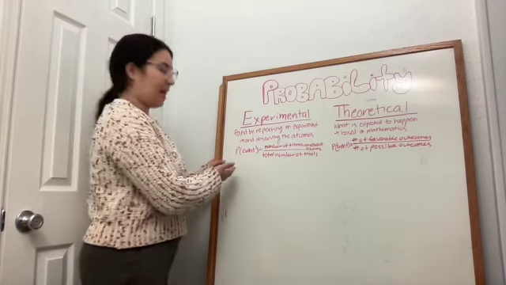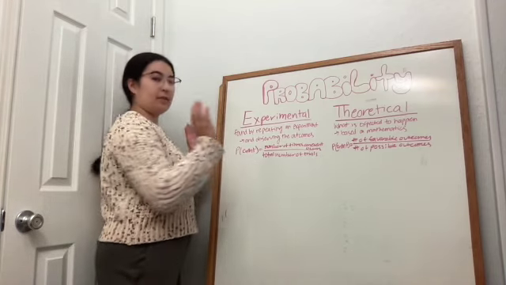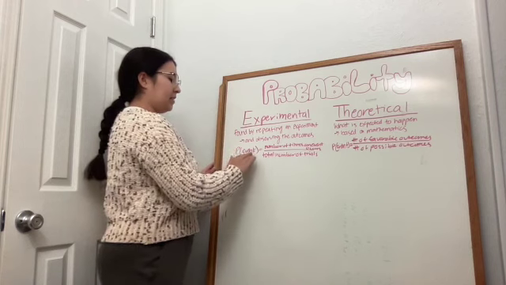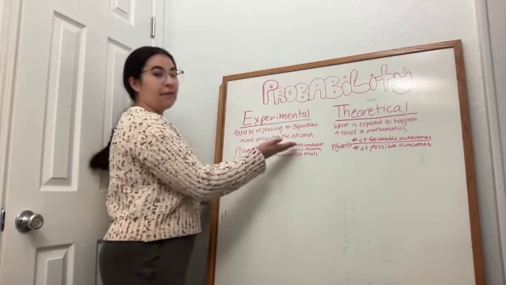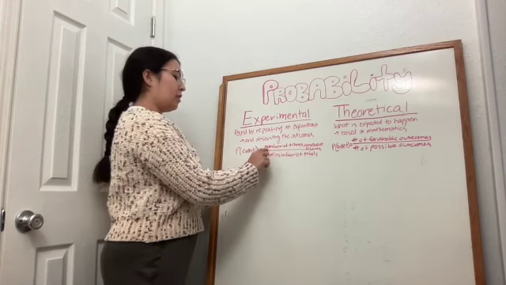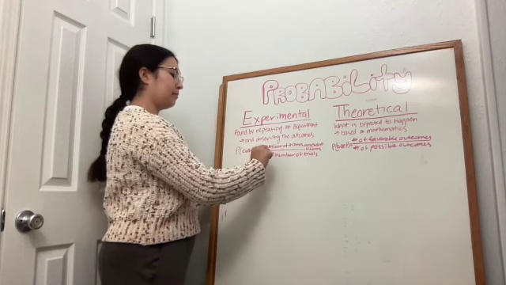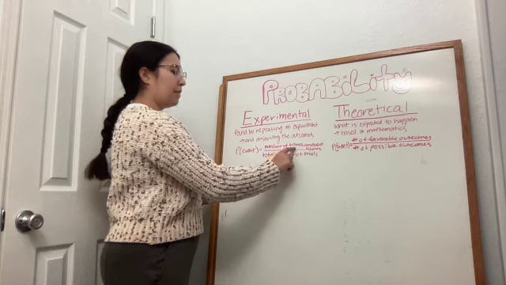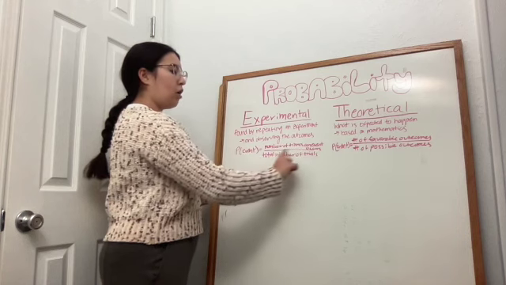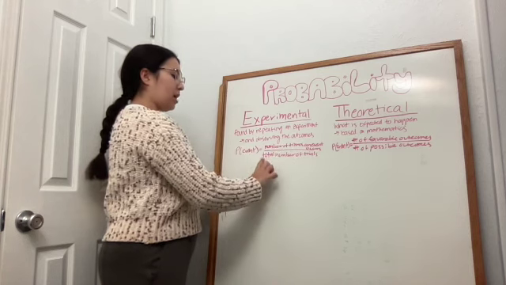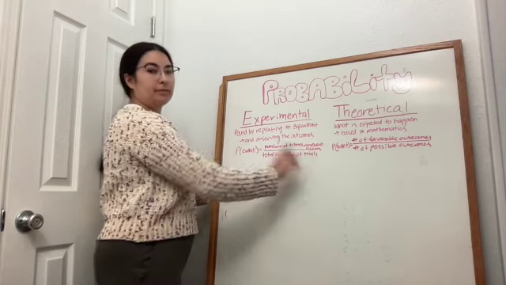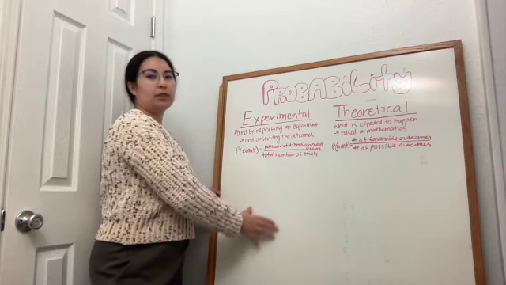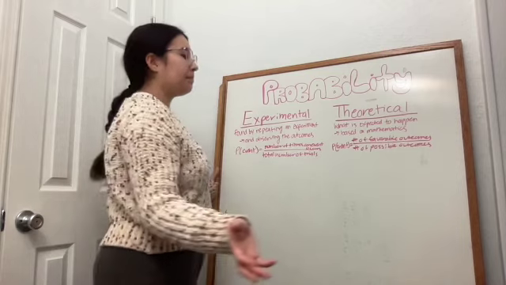So we write this as P in quotations is the event of, and this is going to be a fraction. So on the top half, the numerator is going to be the number of times an event occurs over the denominator, the total number of trials. And I'll give great examples for each in our activity.